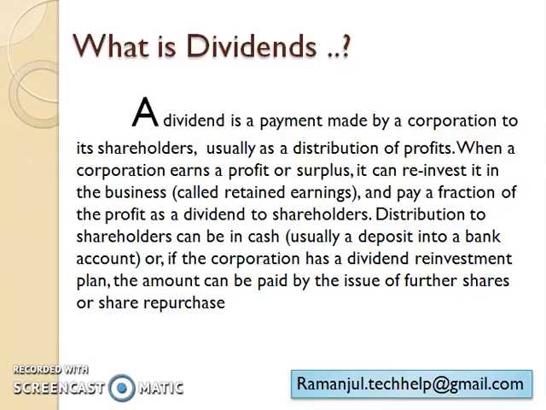Distribution to the shareholders can be in cash, usually deposited into the bank account, or if the corporation has a dividend reinvestment plan, the amount can be paid by issue of further shares or share repurchase. This is what a dividend is.